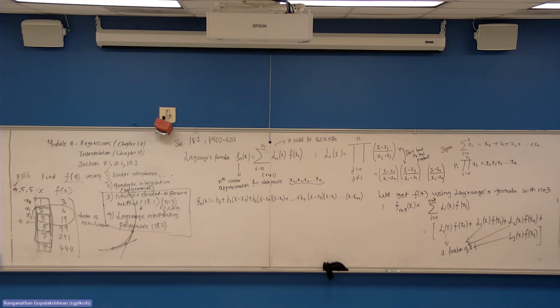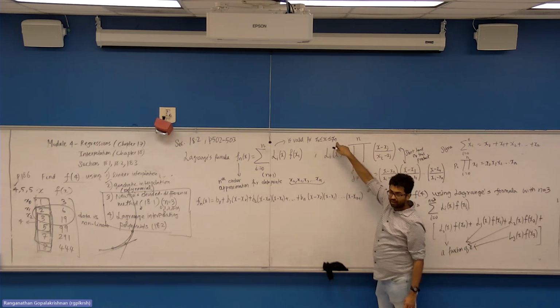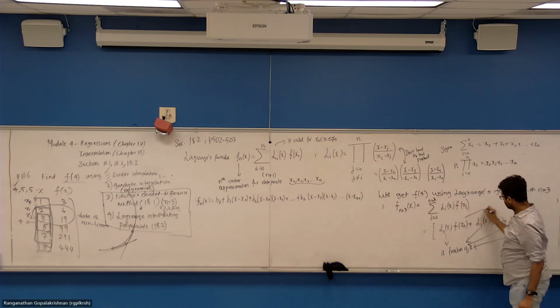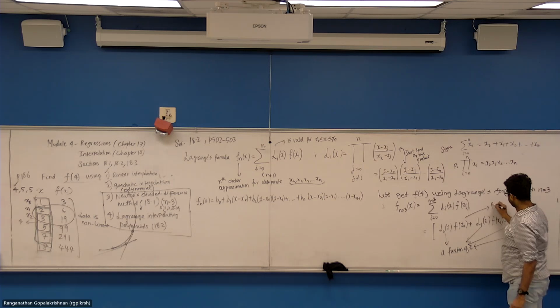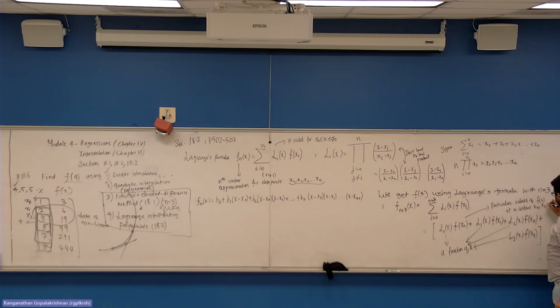It contains x like a variable, and x can take any value between x0 and xn. These numbers are particular values of f of x at a certain x0, x1, x2, x3.